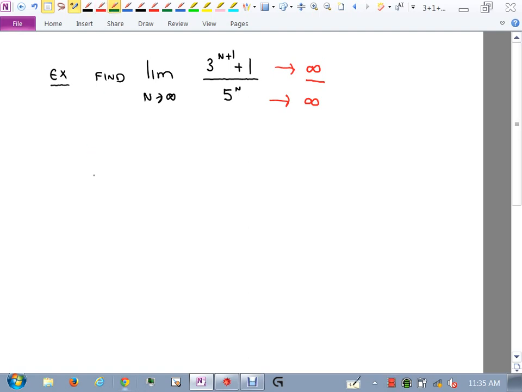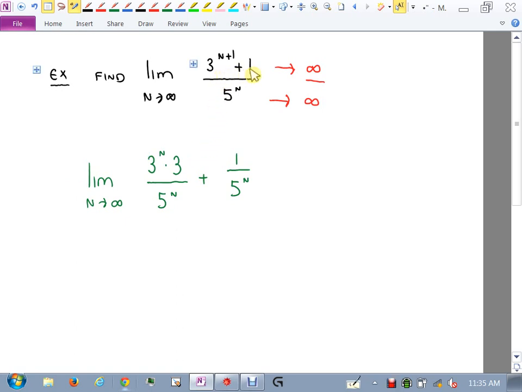Do you agree that this is the same as the limit as n goes to infinity of 3 to the n times 3 over 5 to the n plus 1 over 5 to the n? Whoa, what happened there? What did I do?